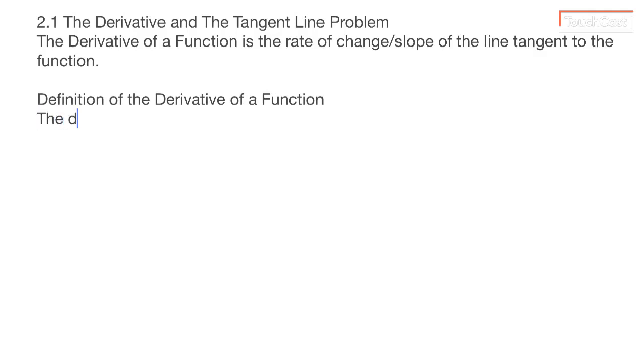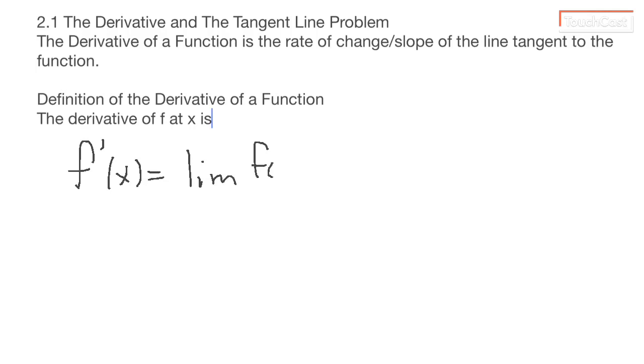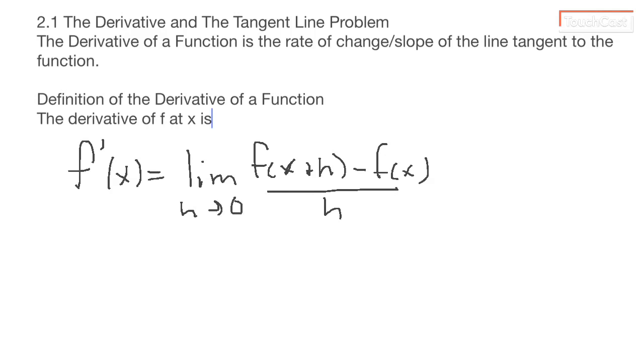The derivative of f at x is found when we take what we're going to denote as f prime of x, and that's going to be equal to the limit of f of x plus h minus f of x all over h as h approaches 0, provided the limit exists.